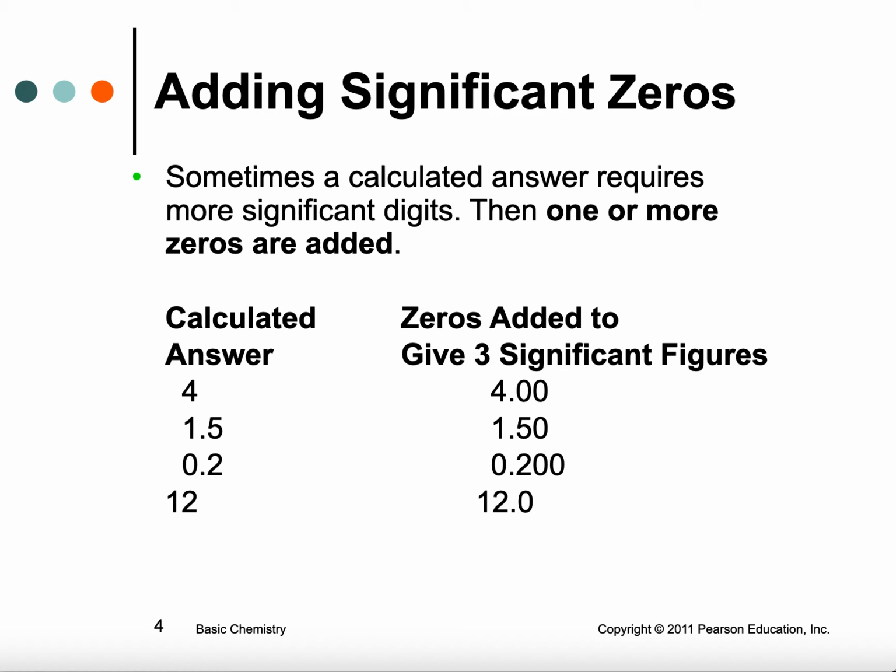If you have 1.5 and there's 3 significant digits in your measurements, then you have to say 1.50. So 12 would go to 12.0 if there's 3. 0.2 would go to 0.200, that's 3. If you remember, the 0 in front of the 2 is not significant.